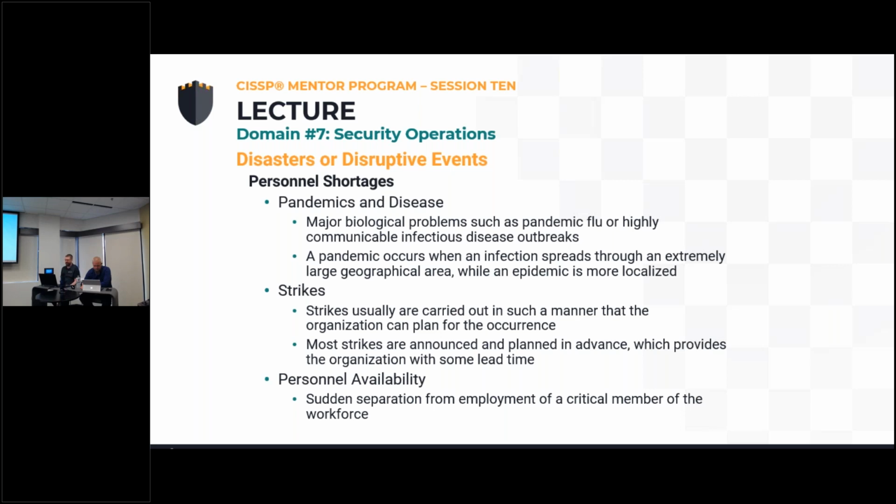The flu is typically the biggest one. Do you plan for it? How are you accounting for that in your BCP? Strike, so refuse to go to work for better conditions or better pay or whatever it may be. Usually they're planned in advance, giving the organization time to prepare, but you'll hear about where they actually go on strike and don't go into work.